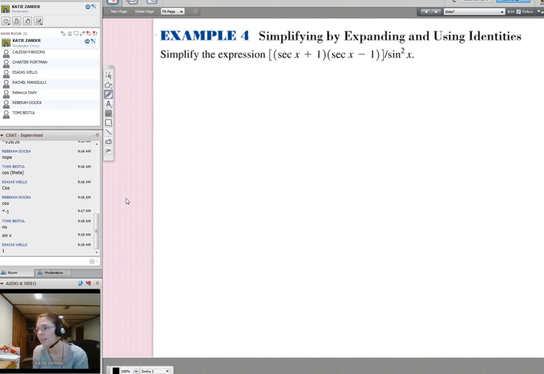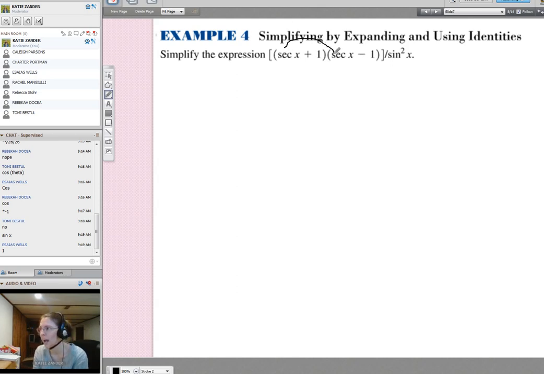All right, sometimes it'll be in factored form for us, and then we need to expand it to find which identity we want to use for the substitution piece. So here we'll notice that in the numerator of this fraction, we want to expand that secant x plus 1 times secant x minus 1.